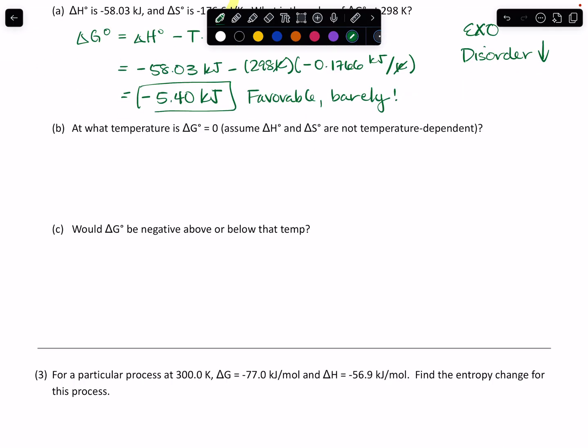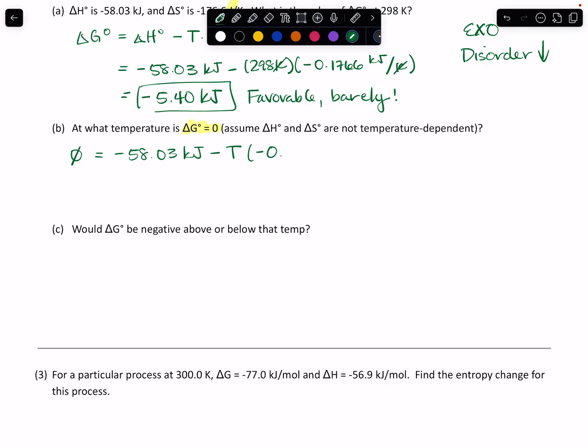At what temperature is delta G equal to 0? Okay, so we're going to figure out what that temperature is. In this case, we put delta G in as 0. We keep our delta H value at 58.03 kilojoules. And now our unknown is T. That's going to be what we're looking for.